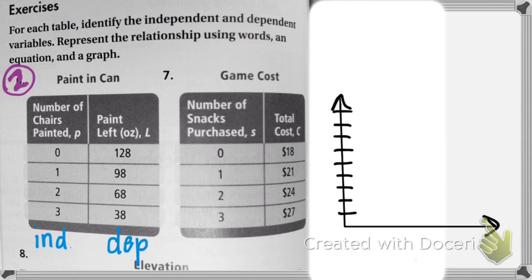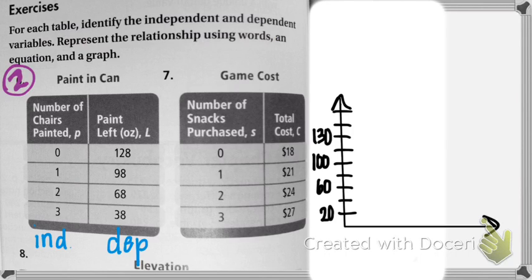So I'm going to count by 30s each time. 30, 60, 90. Well, let's count by 20s. So 20, 40, 60, 80, 100, 120, 130.